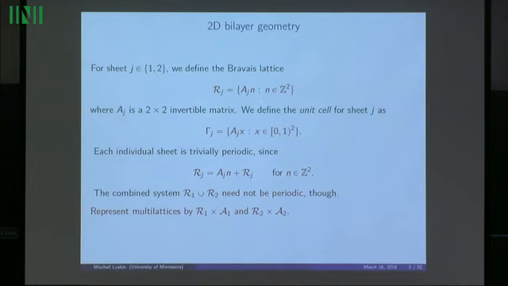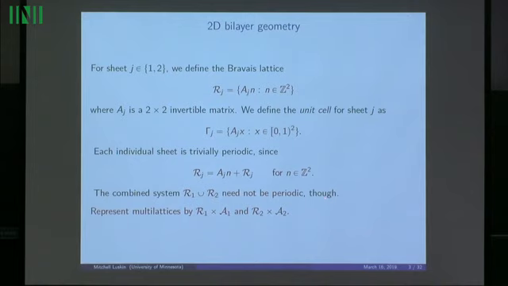Each individual sheet has its own unit cell, the span of your two basis vectors where the coefficients are between 0 and 1. Each individual sheet is periodic, but the combined system is not periodic.